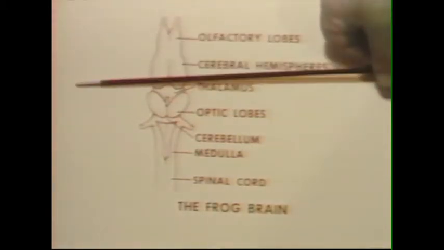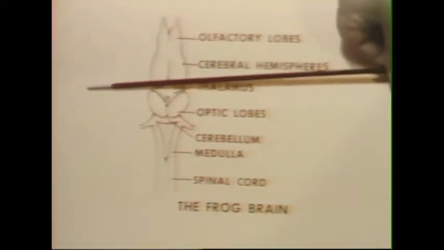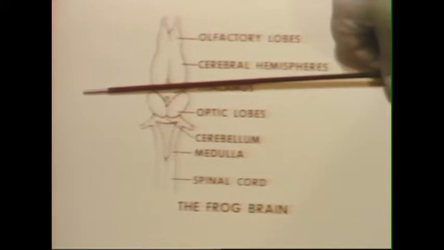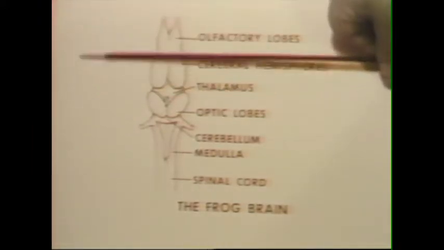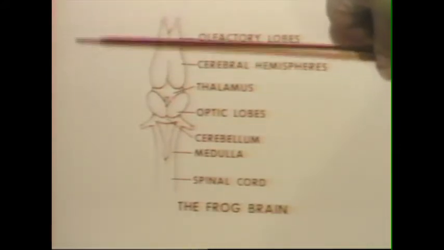Let us start sectioning this brain, and let us make our first section here, between the optic lobes and thalamus and the cerebral hemisphere, taking away all of the cerebral hemispheres.